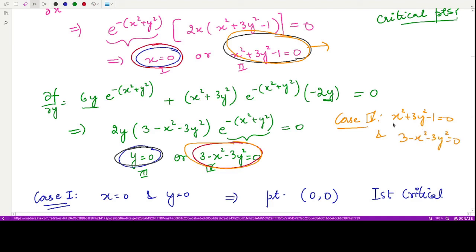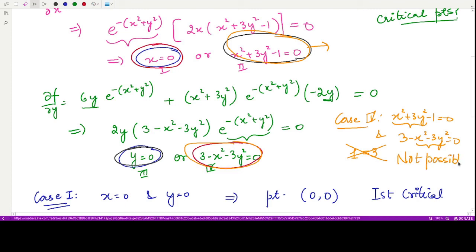From the first equation, the value of x square plus 3y square comes out to be 1, and from the second equation it comes out to be 3. That means 1 should be equal to 3, but this is never true. Therefore, this case is not possible.